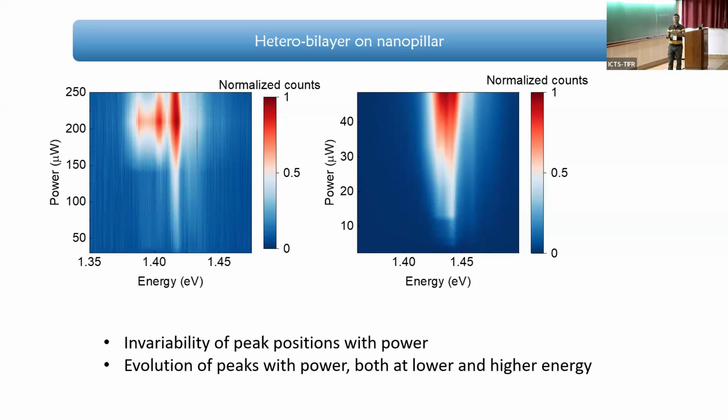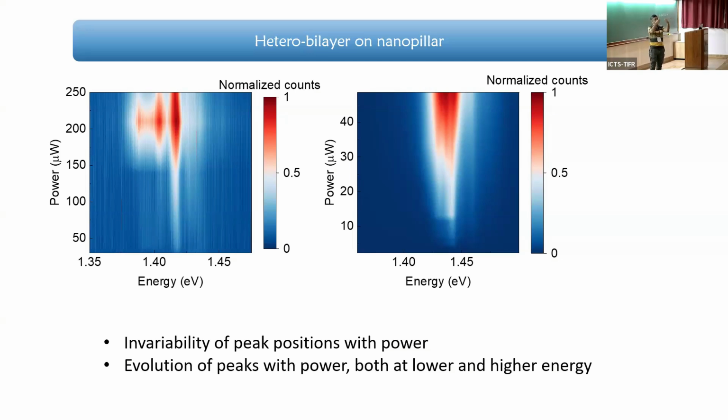If I compare this with the flat Moiré sample, if you increase your power, because of this dipolar repulsion, by the way, the dipolar repulsion is very, very strong in these Moiré samples, the heterobilayers, because the electrons are in one layer and the holes are in another layer. So the electron-hole attraction is diagonal, but electron-electron and hole-hole are in the same layer.